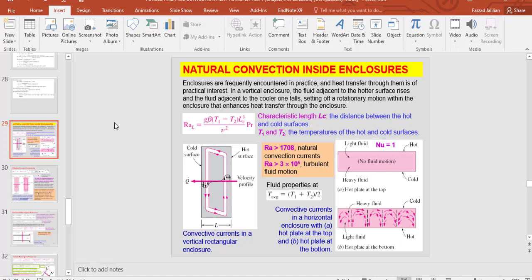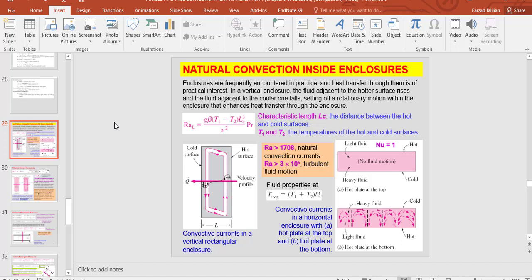In the previous session, we discussed natural convection, how and why it happens, and how we can calculate the heat transfer by convection for different geometries.